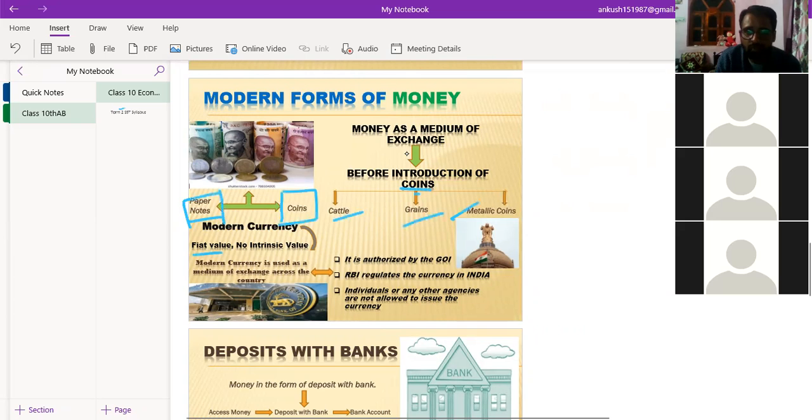It means fiat value, no intrinsic value. Modern currency is used as a medium of exchange across the country. Why? Because it is authorized by the government of India. RBI regulates the currency in India, and individuals or any other agencies are not allowed to issue the currency.